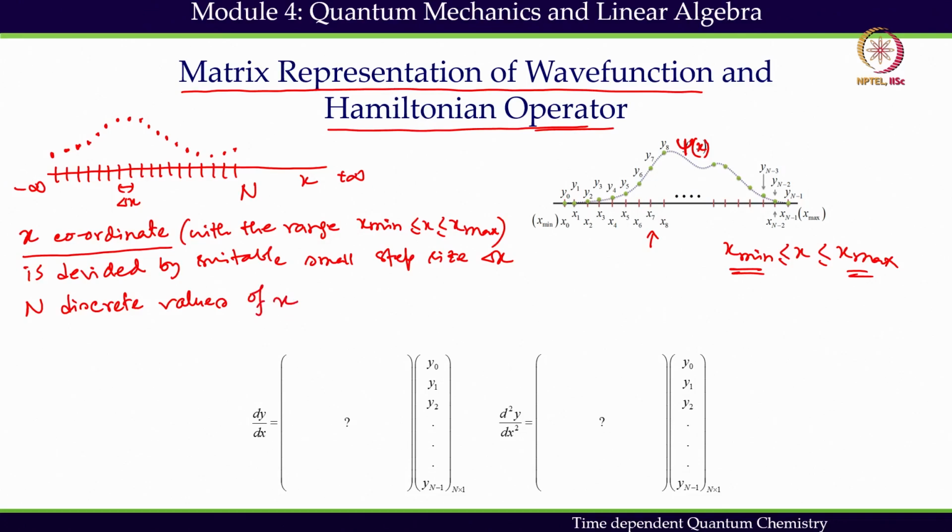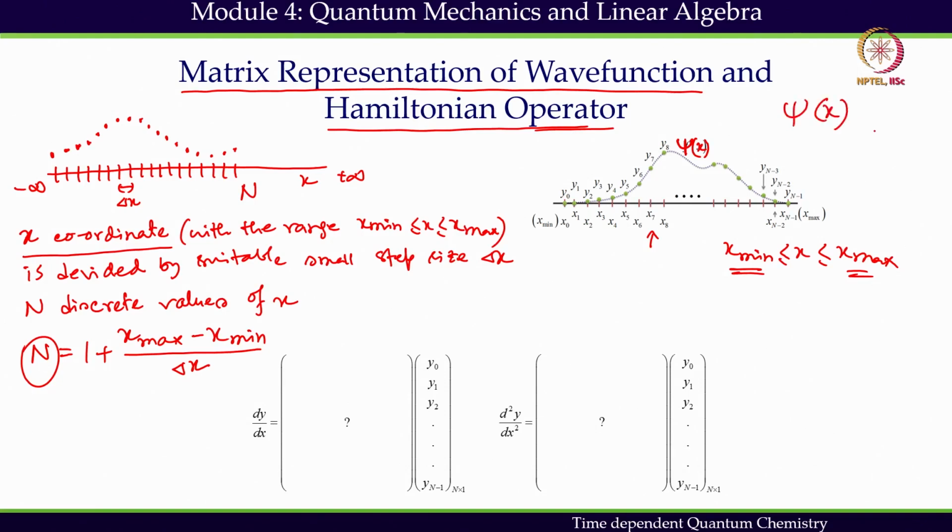So n can be represented as, we have shown already in one of the Python tutorials, 1 plus x max minus x minimum divided by delta x. This many points we will have, and at each point on each grid we will represent this continuous wave function psi x.